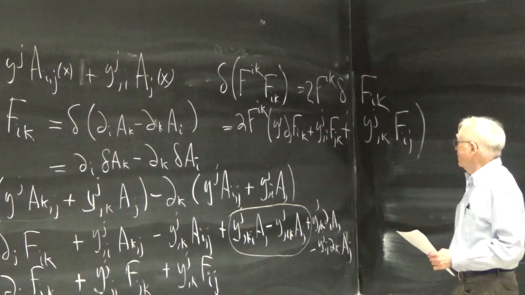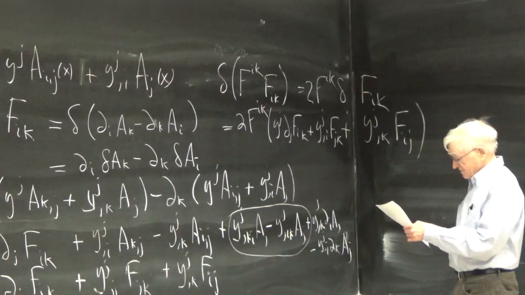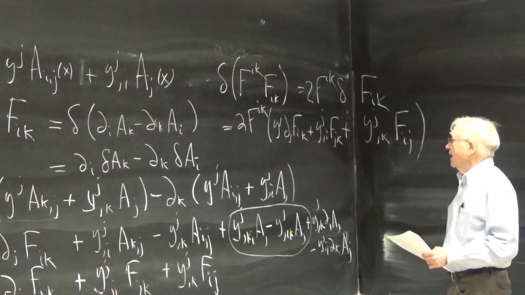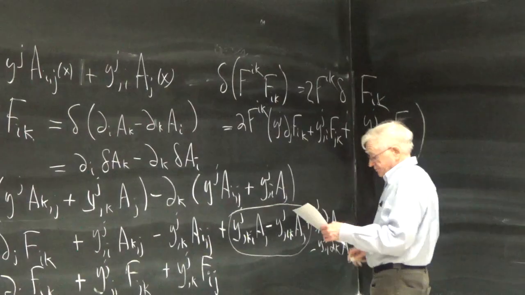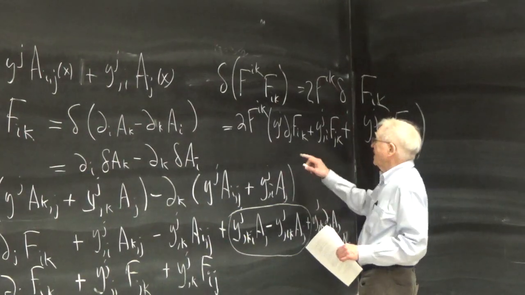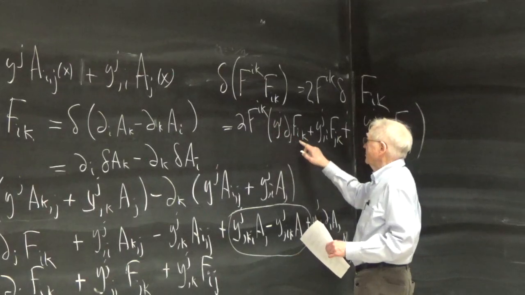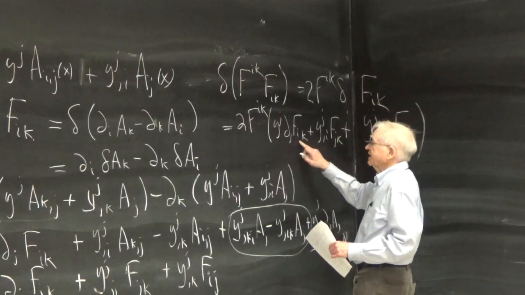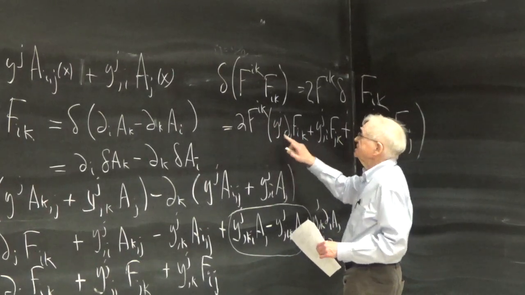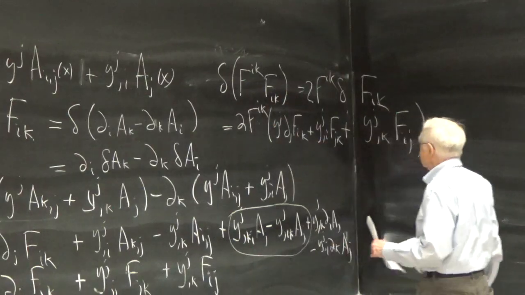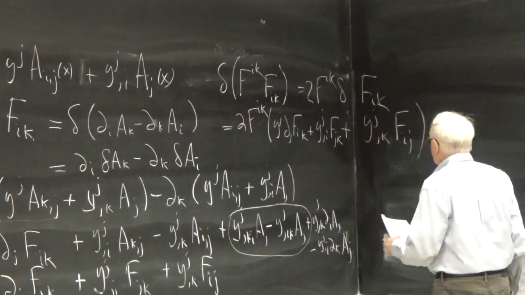Okay, now we can combine some of these things, namely we've got here 2 F^{ik} times the jth derivative of F_{ik}. That is ∂_j on the action density.